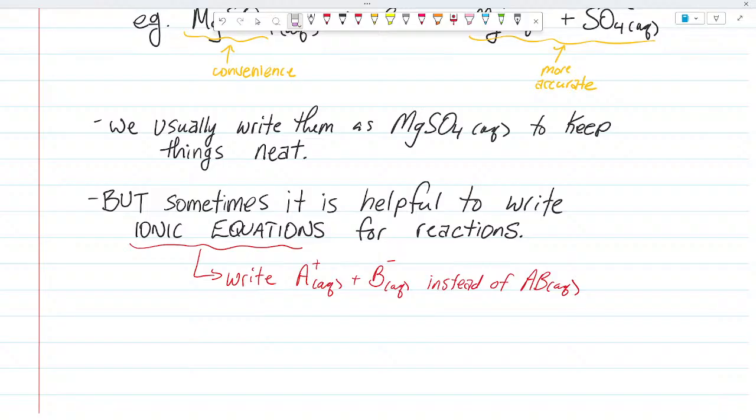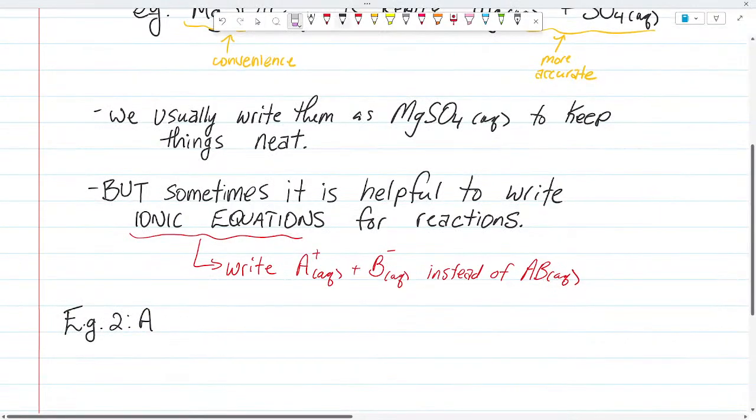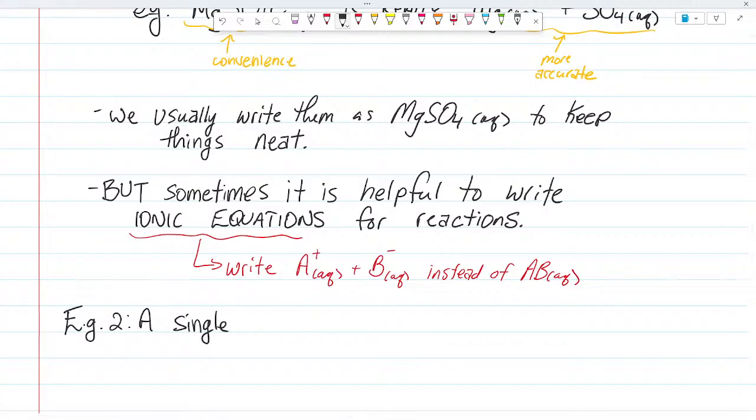So let's look at an example. And I think a case where it can be really helpful is looking at a single displacement reaction. So we'll look at that here. Example 2 will be an example of a single displacement reaction.